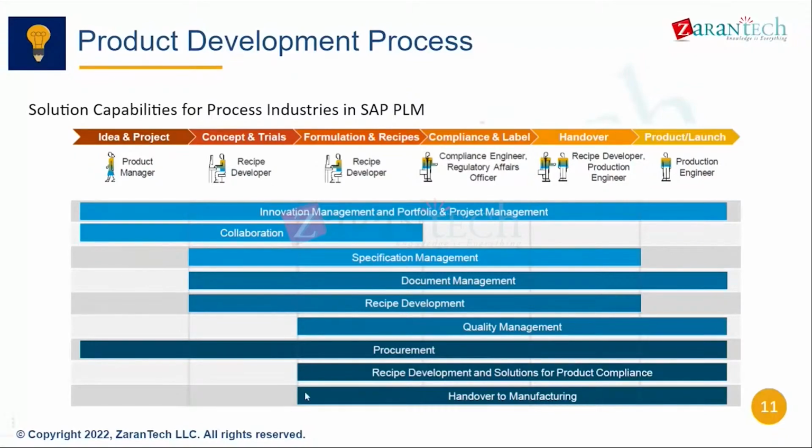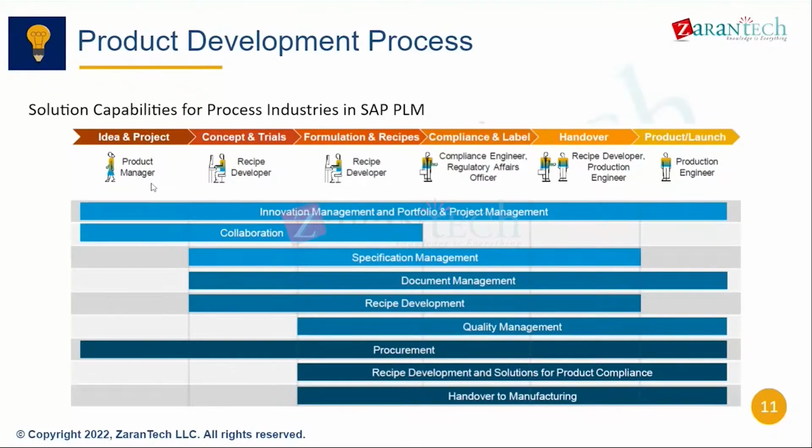All of what you are seeing are SAP modules which must be incorporated when we are implementing SAP PLM for the process industry. You can see here, in each of the blocks, the respective authorized group of users or authorized persons who are involved within each block of the stage.